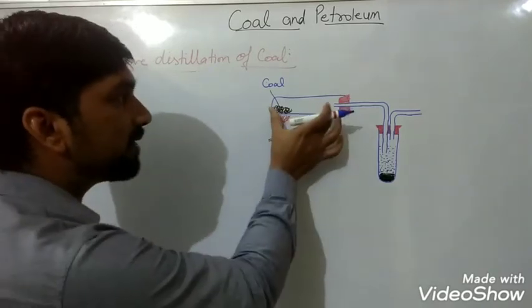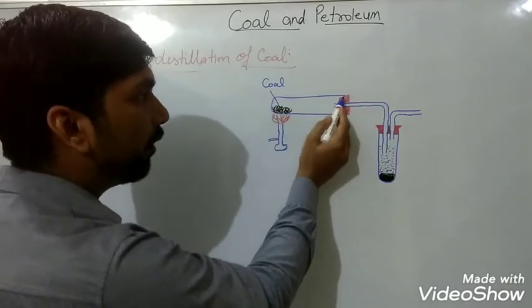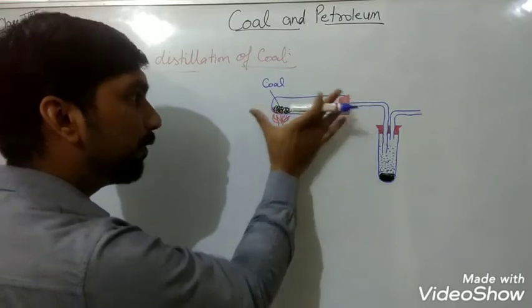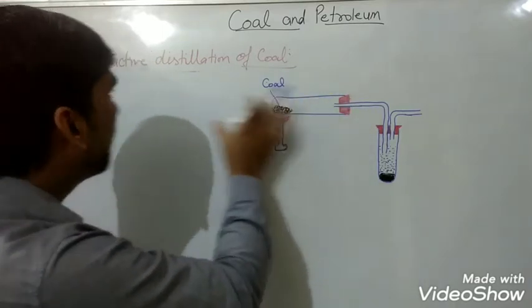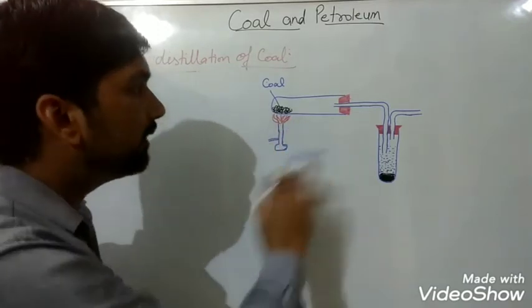You are observing this test tube is tightly closed, airtight, with a cork which closes the test tube, because this distillation process can be done only in the absence of air or oxygen.